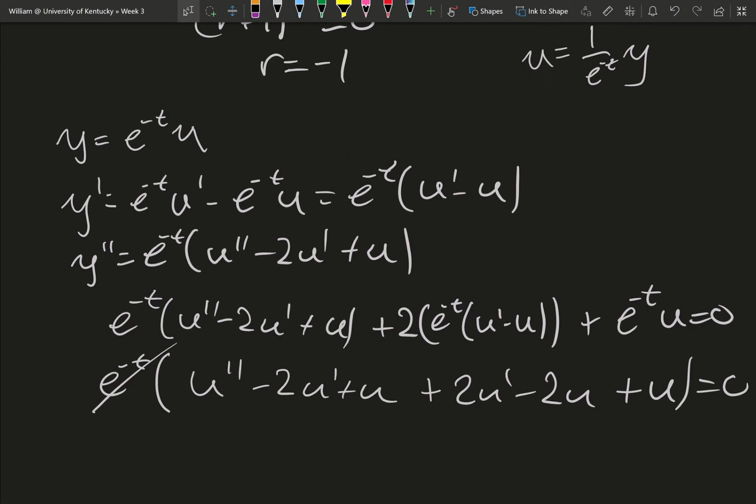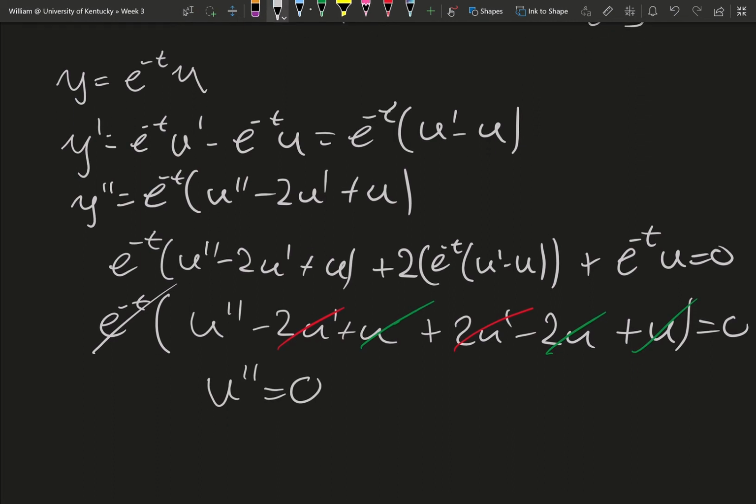We should see, oh wow, okay, so that cancels, and we have plus 2u's and then minus 2u's, so those also cancel. And we're left with the same thing, u double prime equals 0.